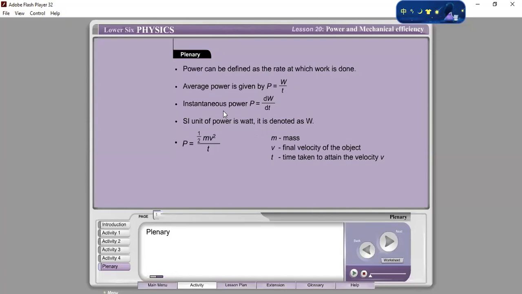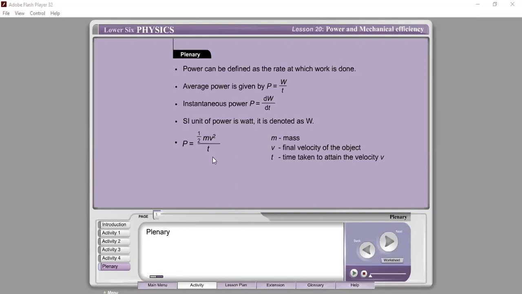Instantaneous means that there is some change over a very short time, so we calculate the work done in a certain time. The SI unit for power is watt, denoted as W. Next, we notice that the power will be equal to 1/2 mv squared over t for any moving object.